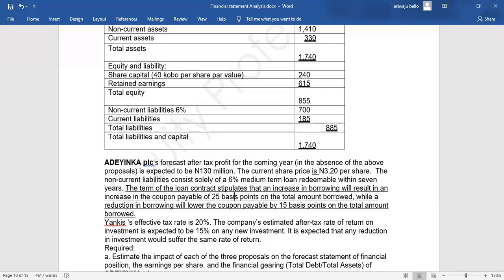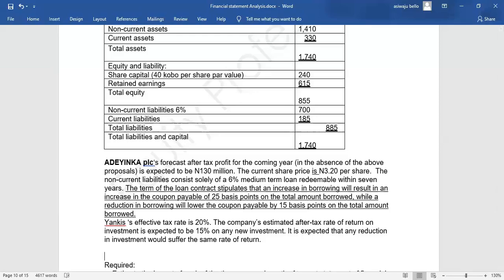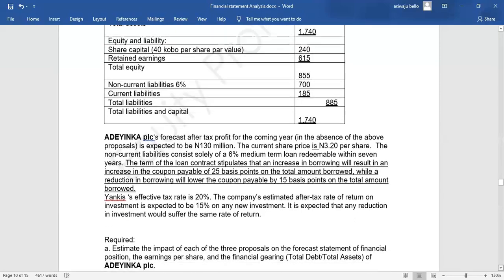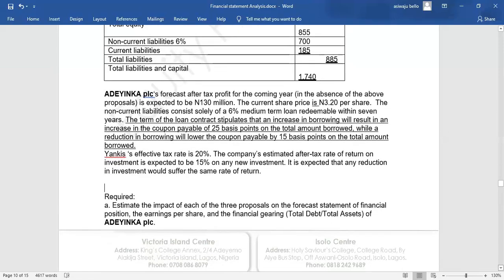Now, requirements. Requirement A. Estimate the impact of each of the three proposals on the forecast statement of financial position, the earnings per share, and the financial gearing.